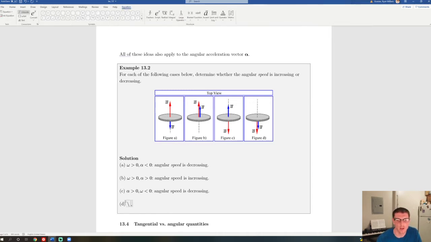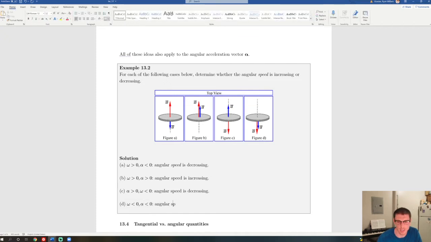So we have that omega is negative, alpha is negative, and therefore the angular speed is increasing. Let me just make sure I wrote this all down correctly, because sometimes my fingers and my mouth do opposite things. So looks good: increasing, decreasing, increasing. Cool.